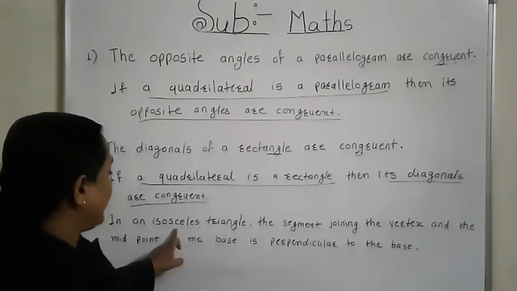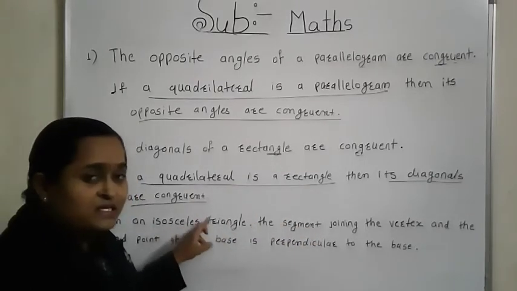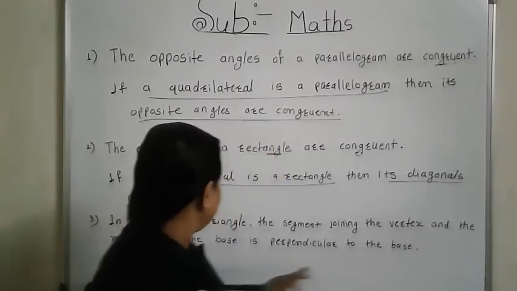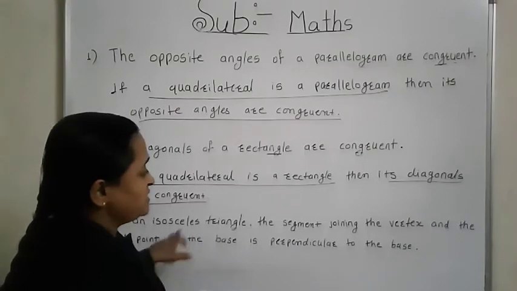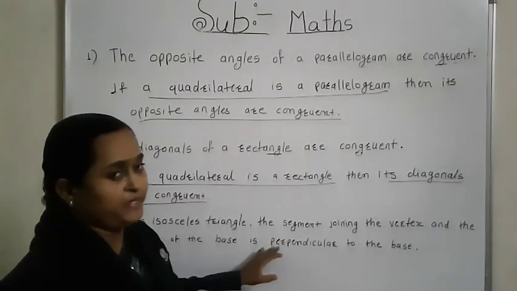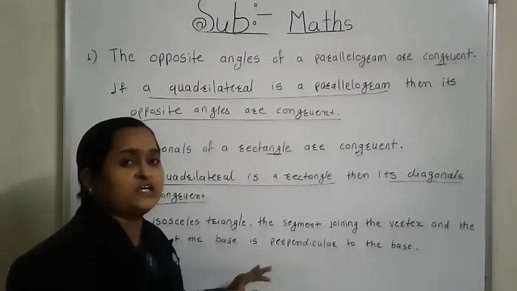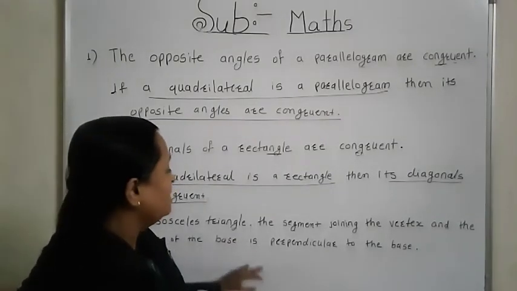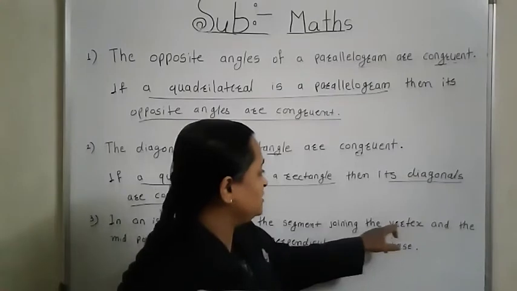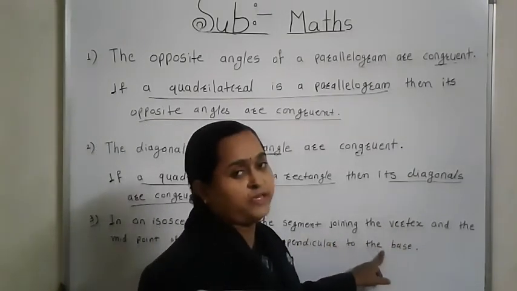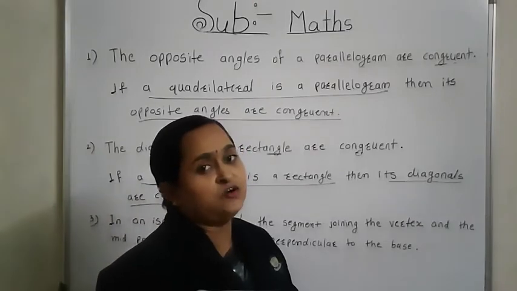Then if a triangle is an isosceles triangle, then the segment joining the vertex and the midpoint of the base is perpendicular to the base. Now in this statement, if a triangle is an isosceles triangle, this is antecedent, and the segment joining the vertex and the midpoint of the base is perpendicular to the base, this is a consequent.